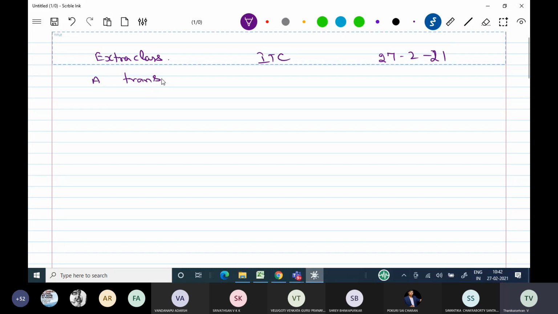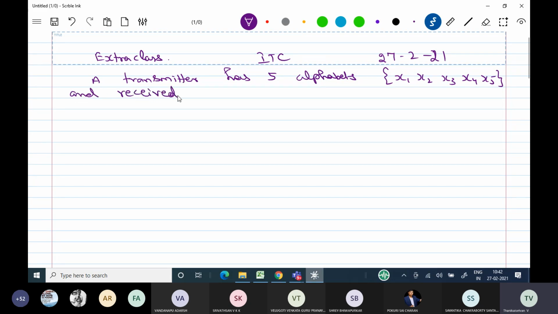A transmitter has 5 alphabets, x1, x2, x3, x4, x5, like this. There are 5 alphabets, and the received alphabets are y1, y2, y3, y4.